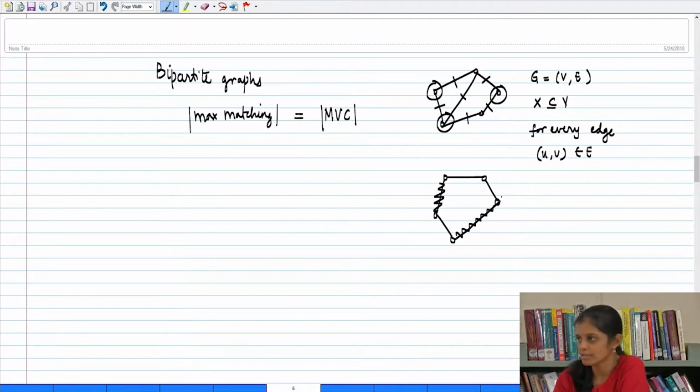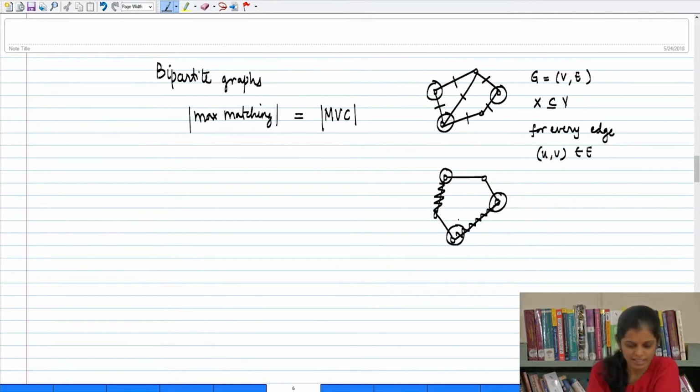So therefore you have a maximum matching of size 2, and again you cannot have a vertex cover of size 2 here because you must take in 3 vertices at least. So a particular vertex cover could be this, right, and it is easy to argue in this case that this is the minimum vertex cover, and therefore the maximum matching size need not be equal to the minimum vertex cover size in general graphs. What we want to show is that this is true in bipartite graphs.